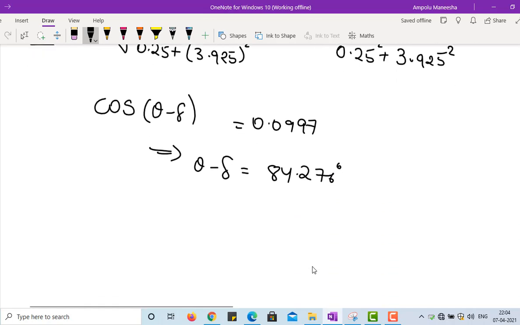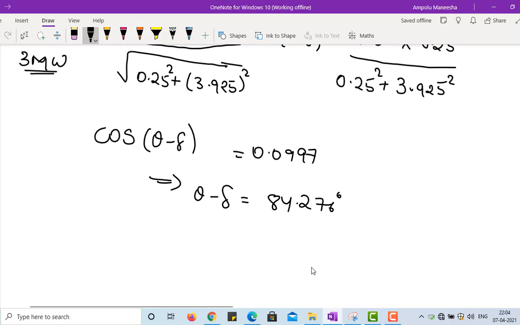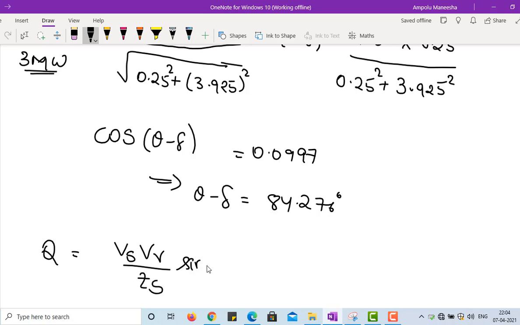Now we need to find out the value of Q. The reactive power received by the inductive load is given by this expression Vs VR by Zs into sin theta minus delta minus VR square by Zs into sin theta.